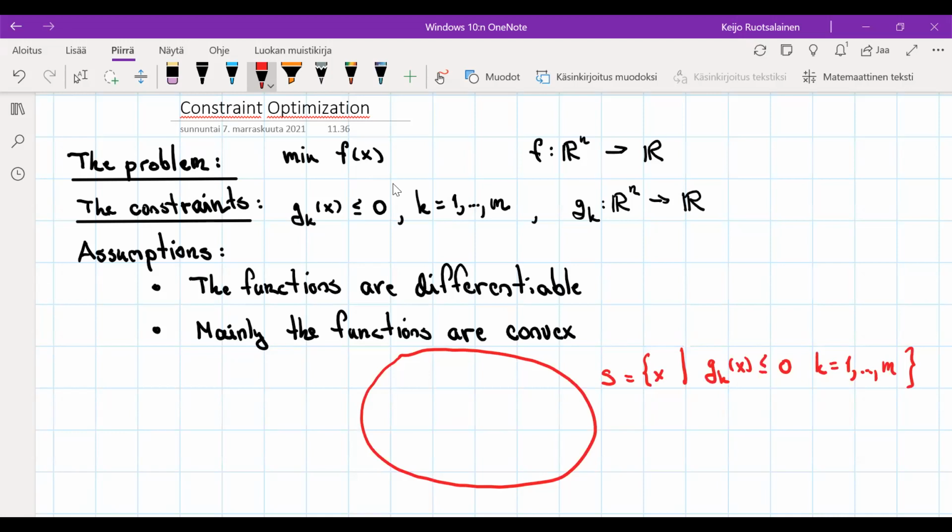And then I use the color blue for drawing the level sets of the function f(x).